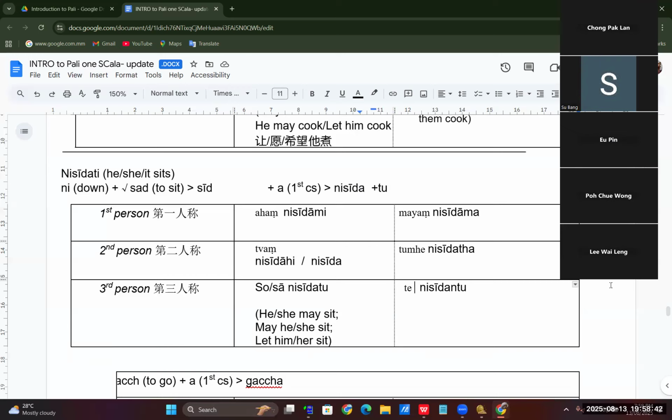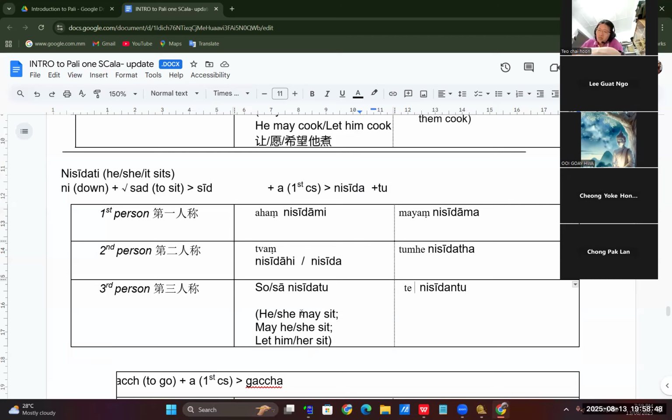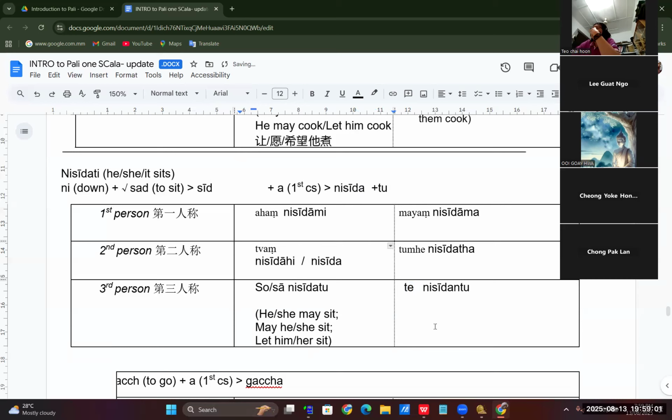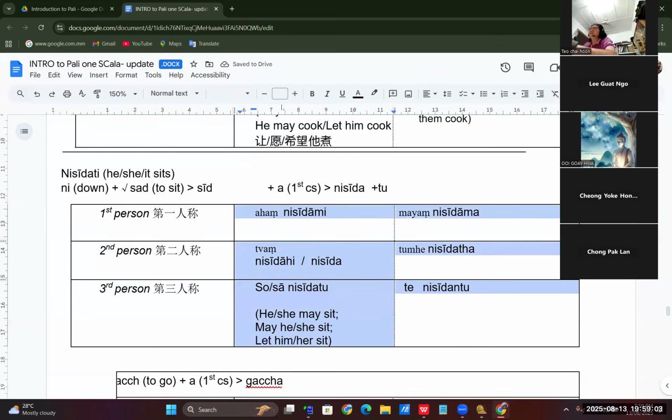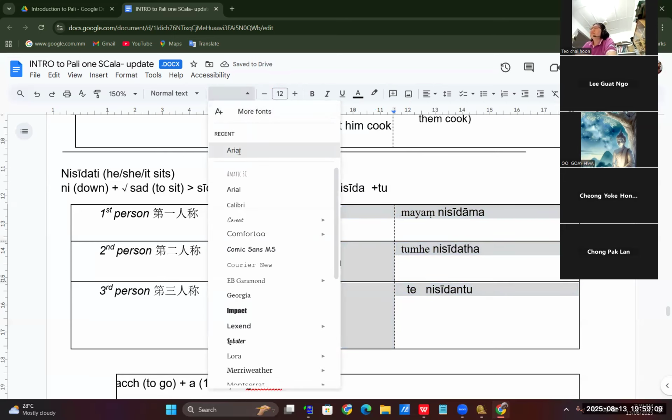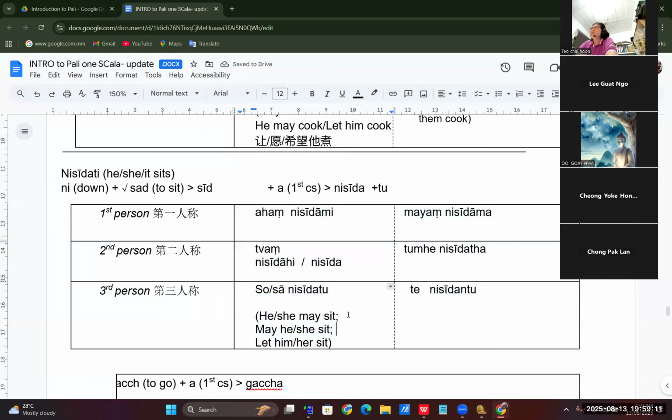Okay, while I'm waiting for you all, you write down in the same way. This is he. Now from he, you change it to te. Te means they. So basically, you just copy the English right here. Then you just change it to he or she, change it to they.